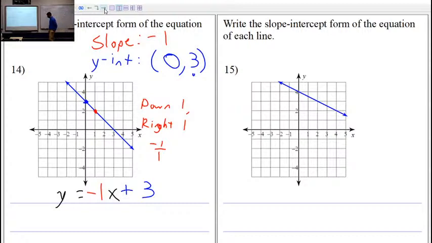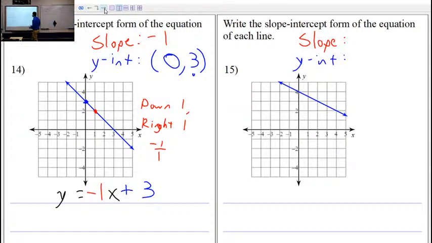Next. We need our slope and we need our y-intercept.